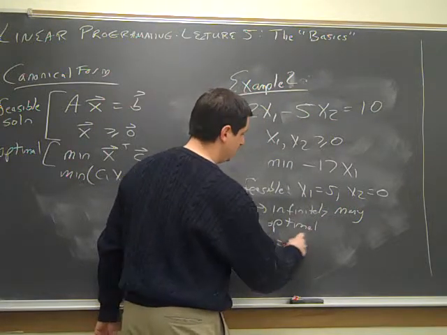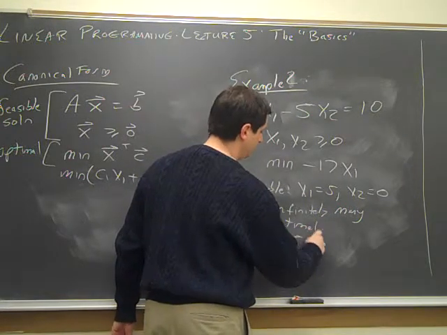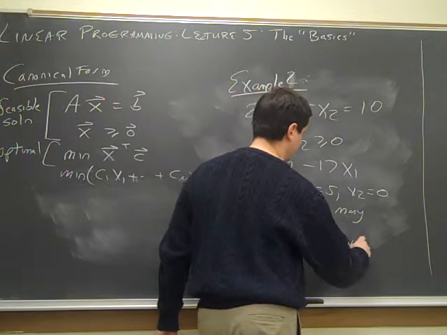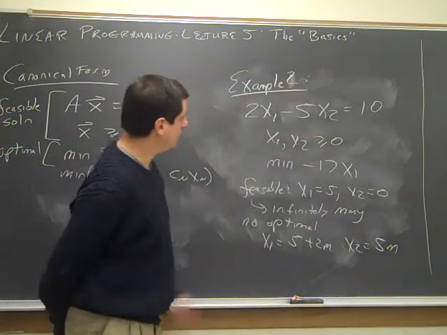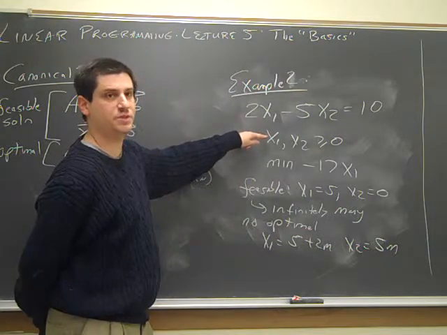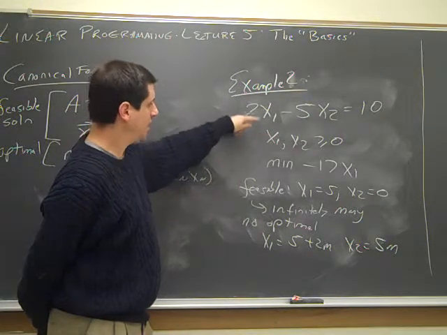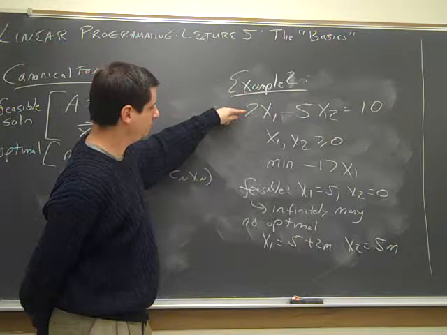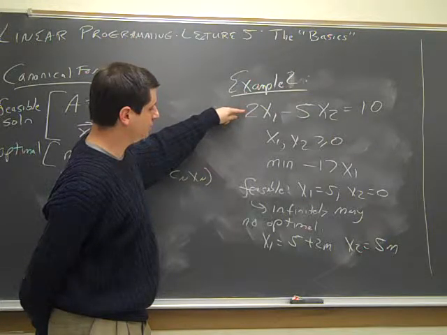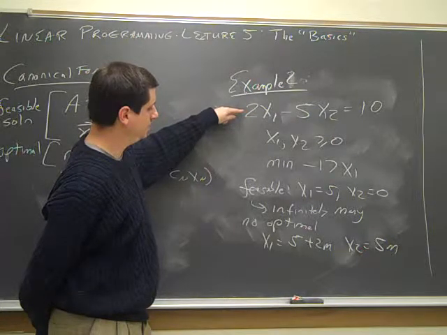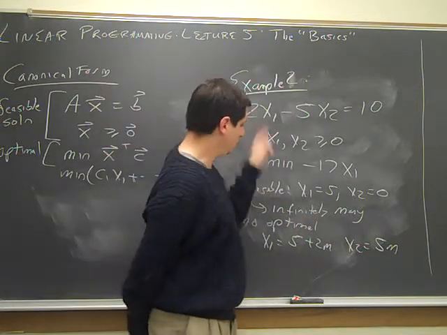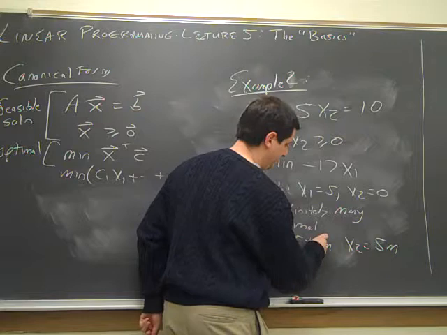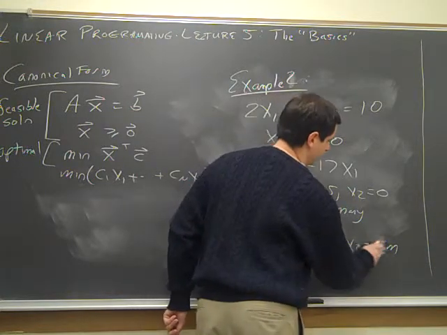I can take x1 to be 5 plus 2m, and x2 to be 5m. And if I do that, they'll both be positive if m is positive. And when I plug them in here, what's going to happen is I will get 10. Because I mixed up this time. Sorry. This should be a 5 over here, and this should be a 2 over here.